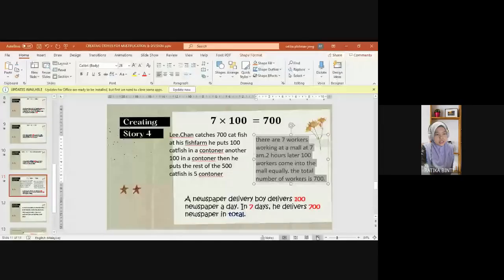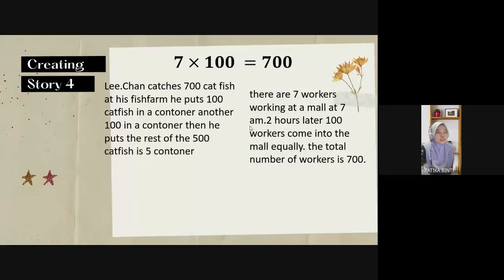Okay, now. I paste Diane and also Rizka's questions in this slide. Okay, as you can see, we have 2 answers here. Okay, this one is Diane. Ini Diane punya. And also this one is Rizka. Okay, now let's look.